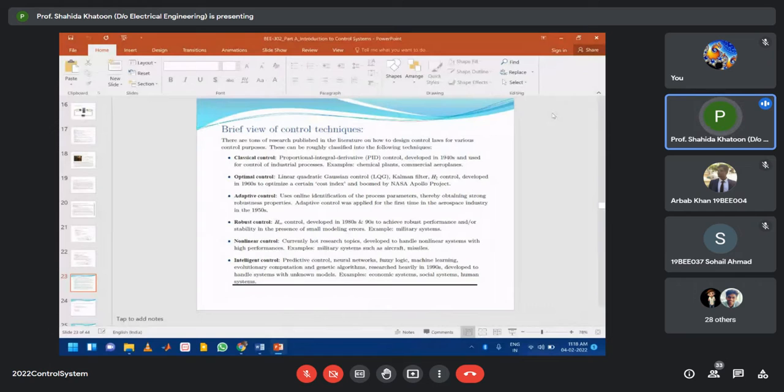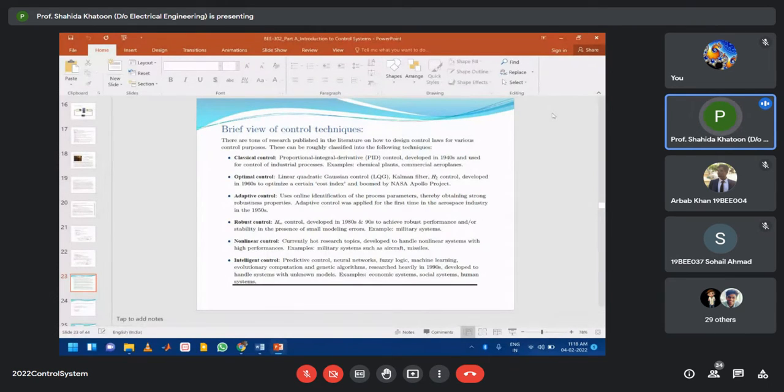Adaptive control was applied for the first time in aerospace industries in the 1950s. Robust control, such as H infinity control, was developed in the 1980s and 90s to achieve robust performance and stability in the presence of small modeling errors, for example, military systems.